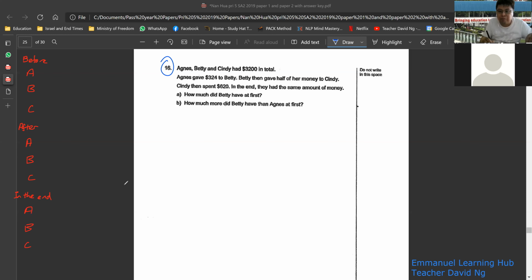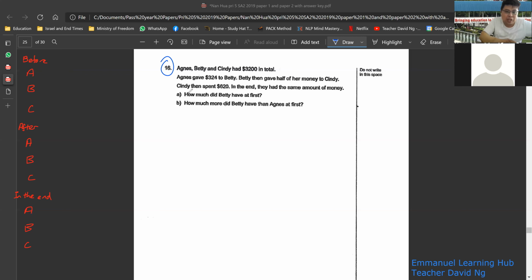So this question involves multiple steps, working backwards to establish the model. You cannot draw your model in the sequence before, then after, then in the end, because you don't have enough information to establish what is before. The only information you have is A plus B plus C is 3200.